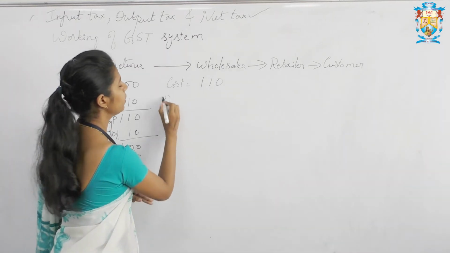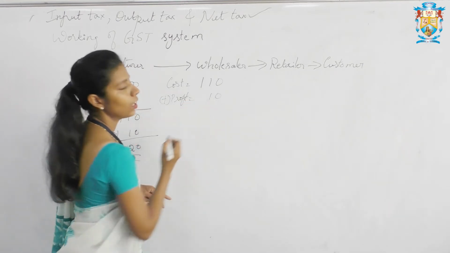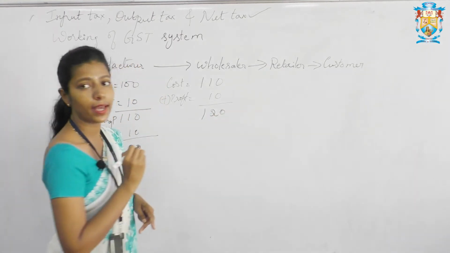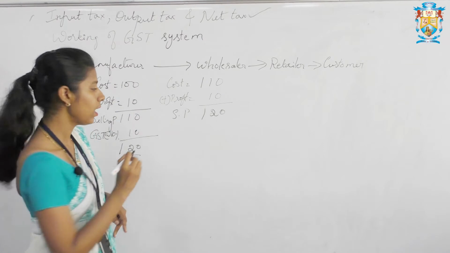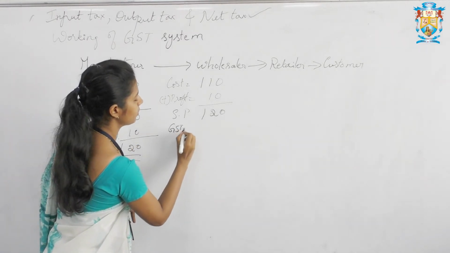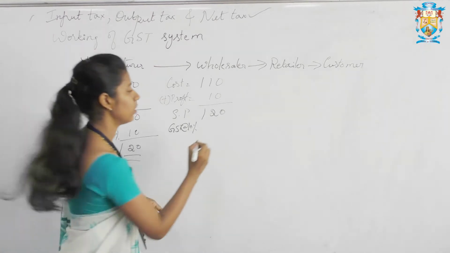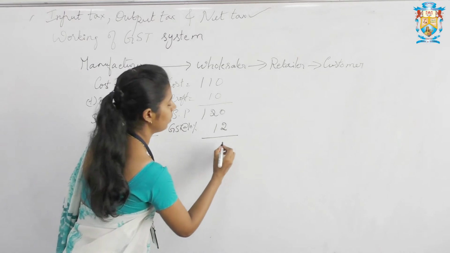Say for example, the profit he kept is 10 rupees. So the selling price is 120 rupees, and GST is fixed at 10%. So 10% of 120 is rupees 12.